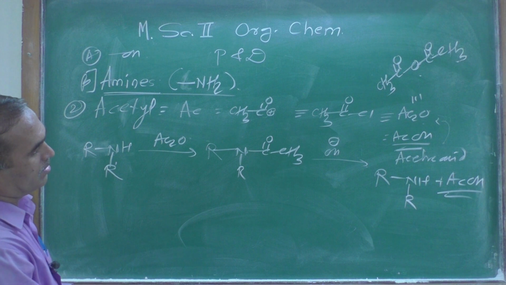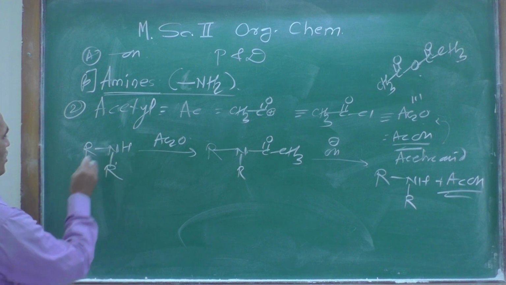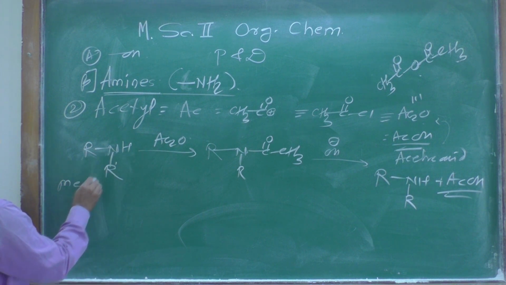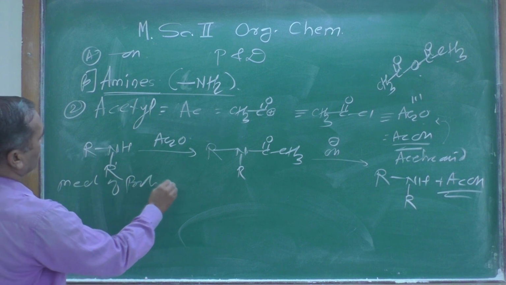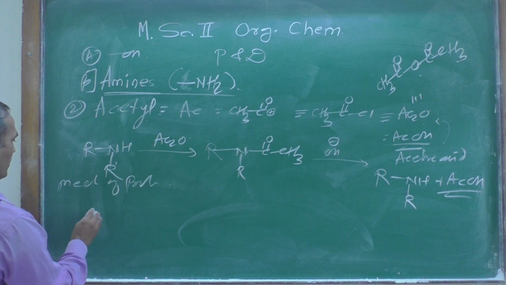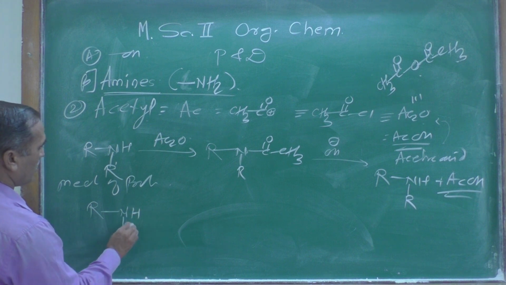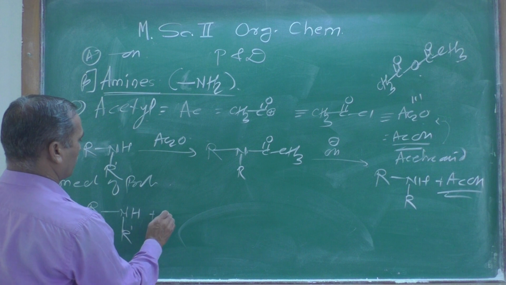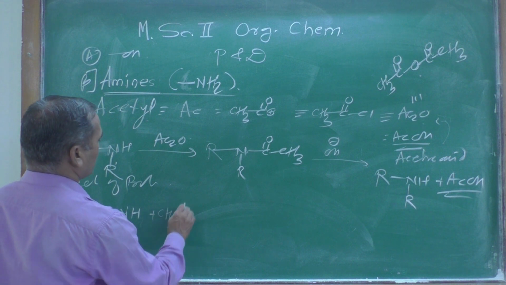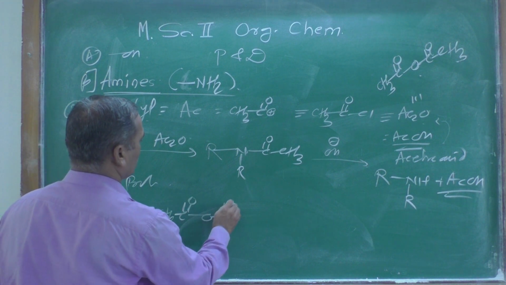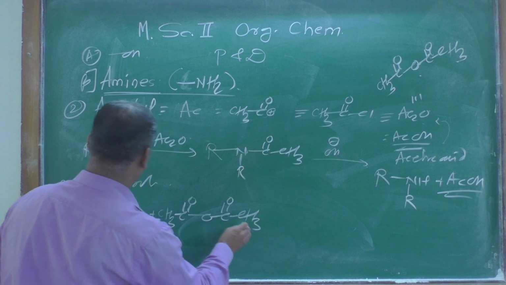Now let us see how the mechanism of protection of this acetyl group takes place. Let us see here R, N, H, then R dash, that will be treated with this one, CH3, C double bond O, C double bond O, CH3.